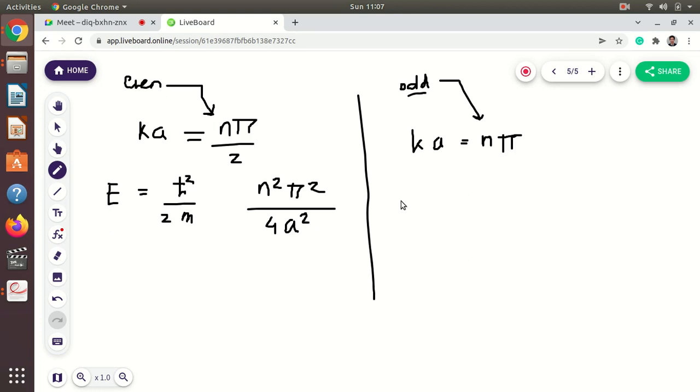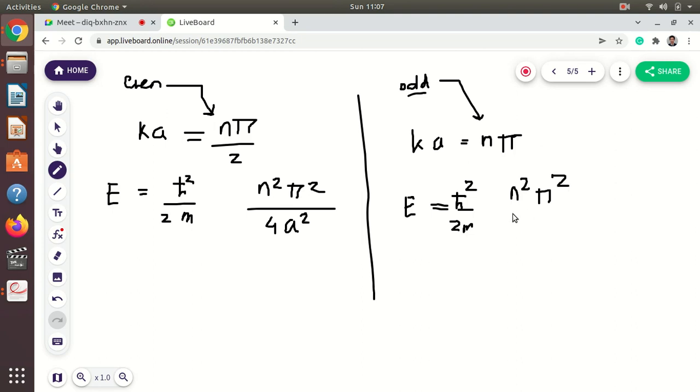And now what we have here is E equal to h cross square by 2m, this part is the same, n square pi square. Now there is no 2, right?